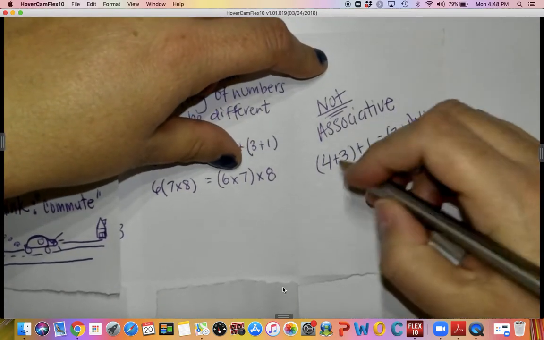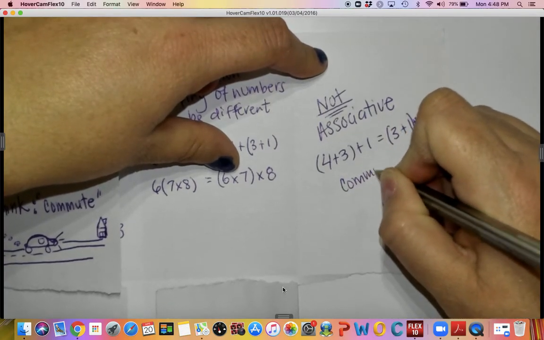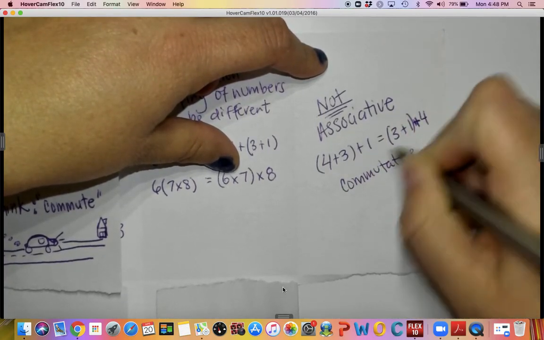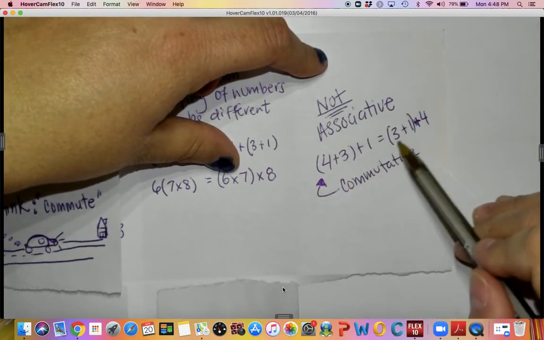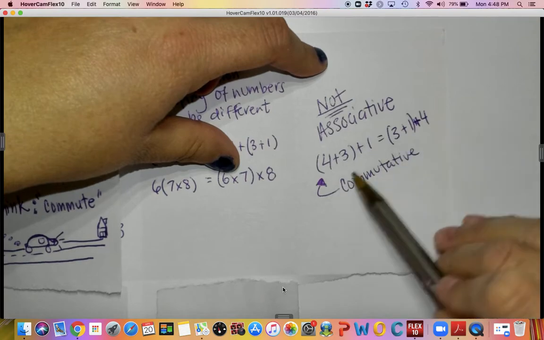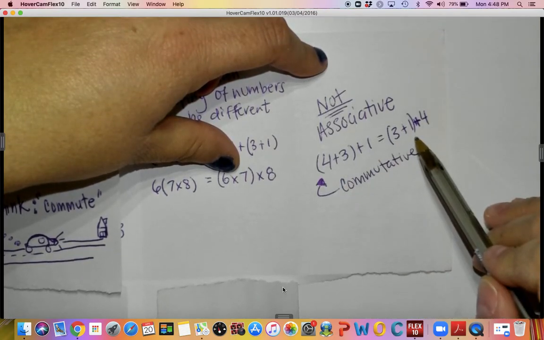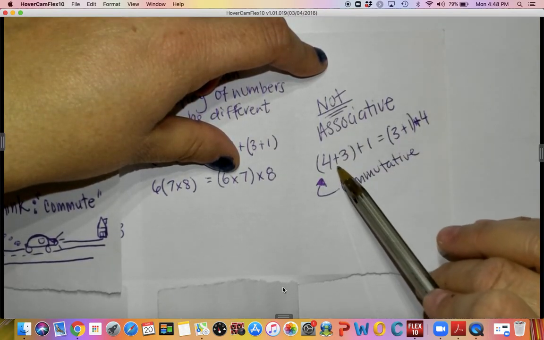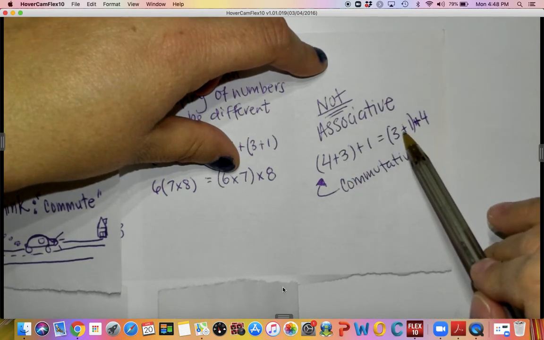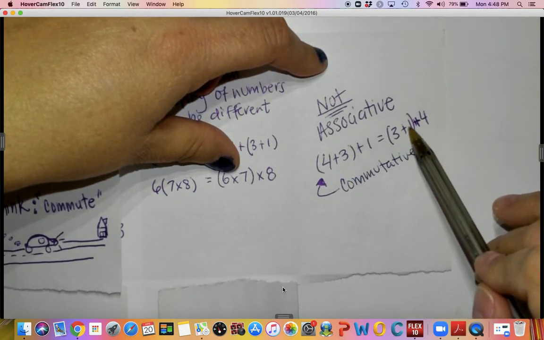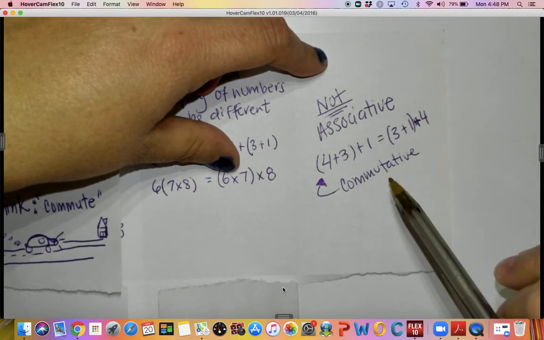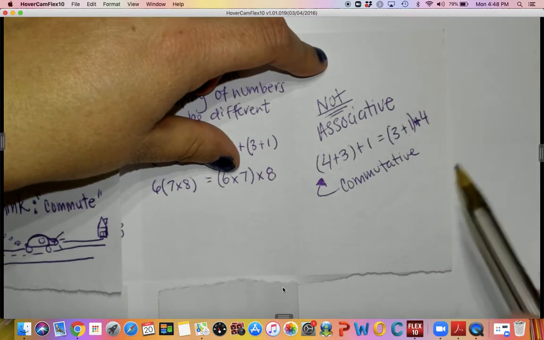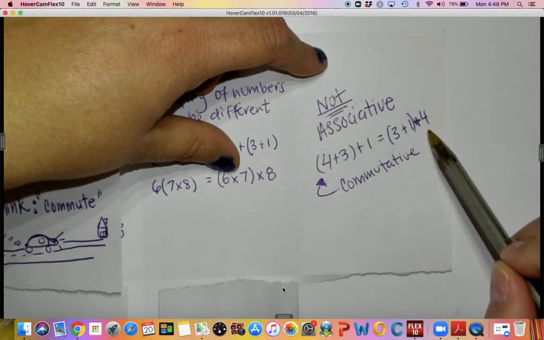This one is considered commutative. And this one is commutative because I changed things around. I changed the order around. In order for this one to be associative, I would have to have 4 plus 3 plus 1 and then just group it differently. So that's something that you need to be careful about when you see these.